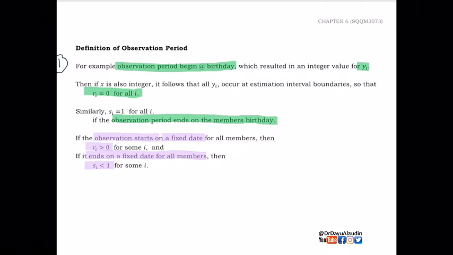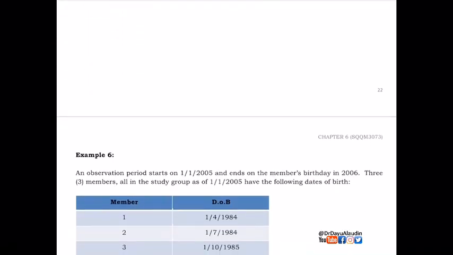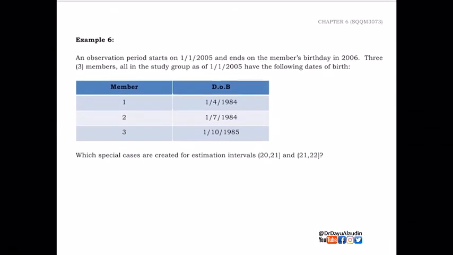So the first one, using member birthday, Ri and Si become integer, and this one we use fixed date. So Ri will be greater than 0 and Si will be less than 1.